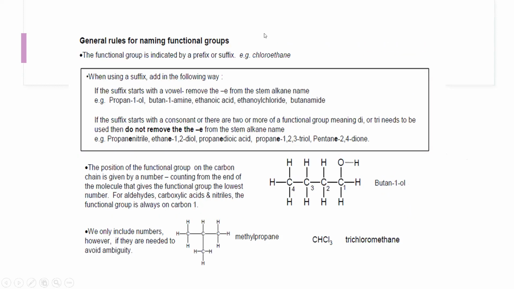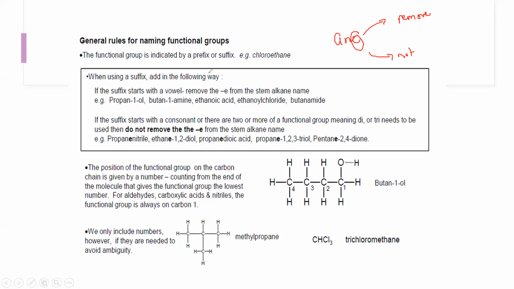And one more thing, when you are naming the functional group, in some cases we remove the E and in some cases we do not remove the E. For example, the ANE of alkane: sometimes we remove this E and sometimes we do not.